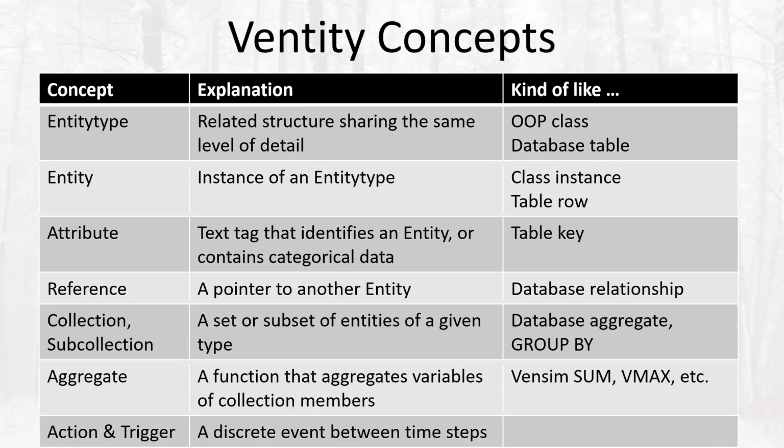Closely related to that is what we call a reference, which is a way of finding some other entity. So if you have a model that has, say, a network of people, each person might have a reference that points to one of their friends or their doctor or their bank. These don't necessarily need to be things of the same type.